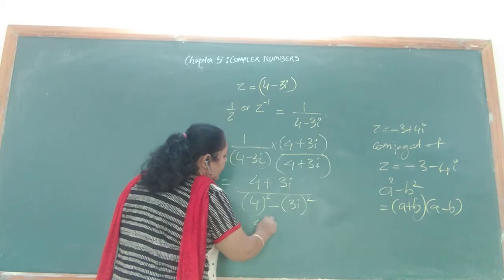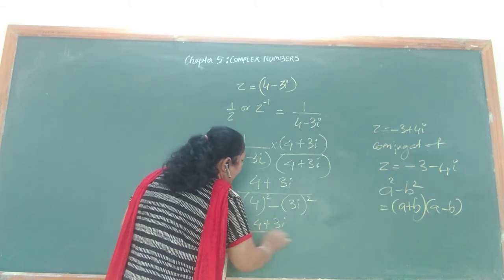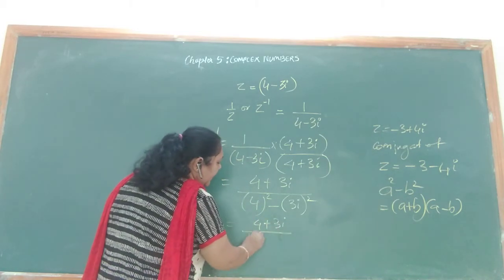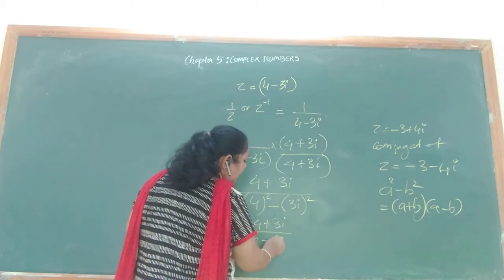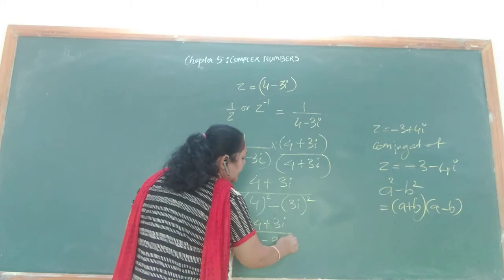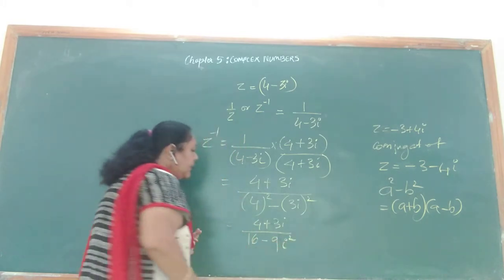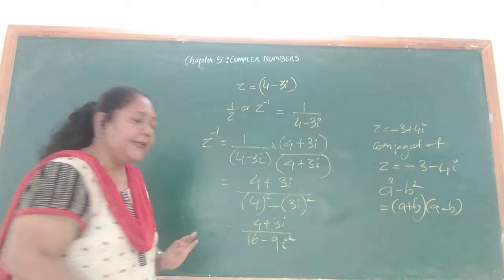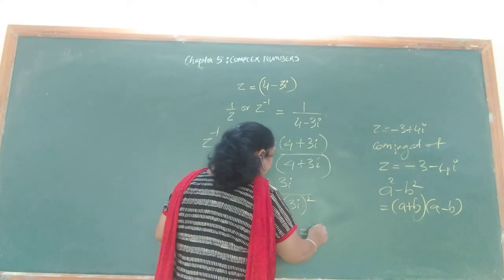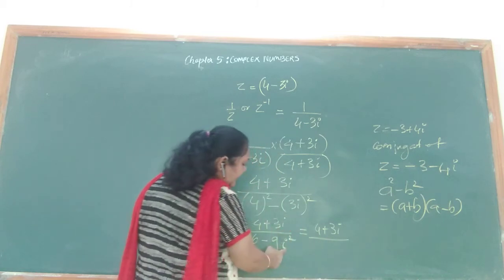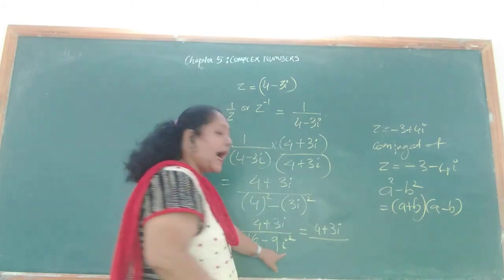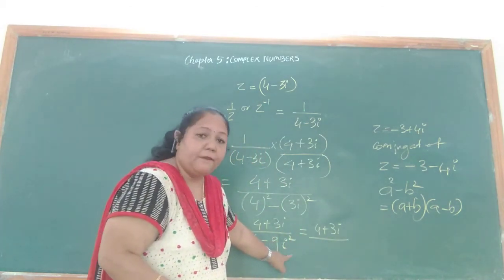So that becomes 4 plus 3i upon 4 4s are 16 and minus 3 3s are 9 and i square. So this will become 16 minus 9i square, which I can write as 4 plus 3i upon 16 minus 9i square. The i square means minus 1.